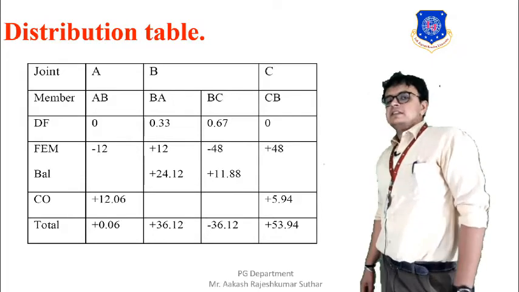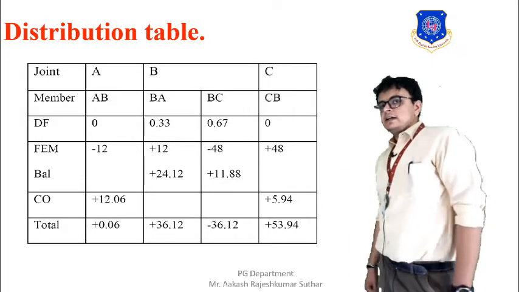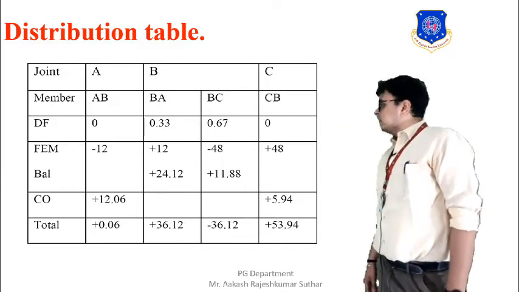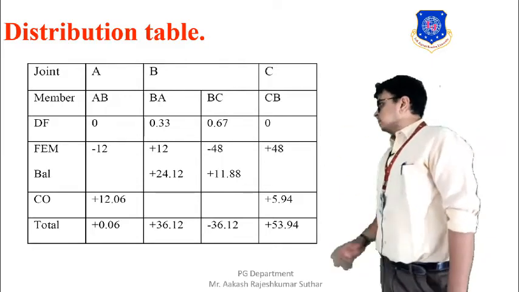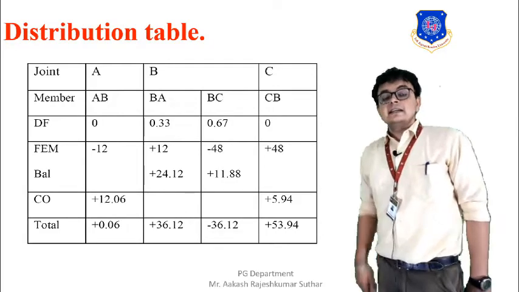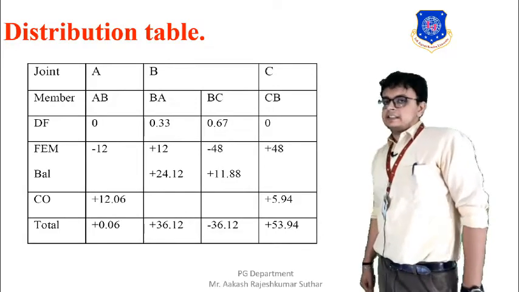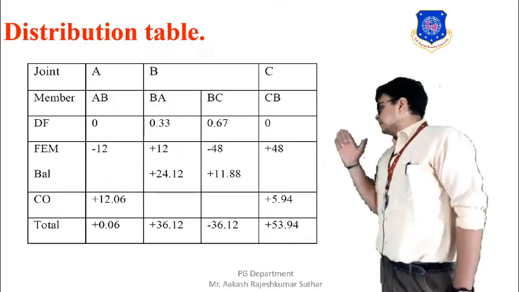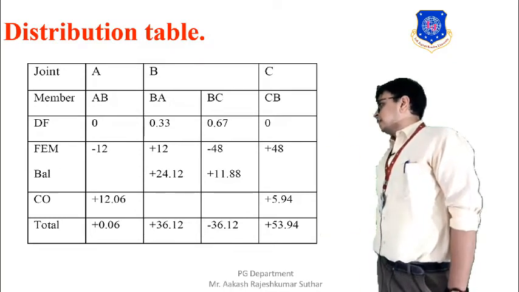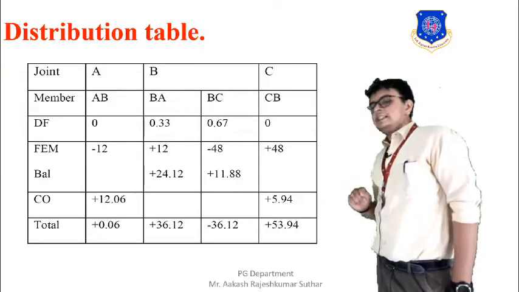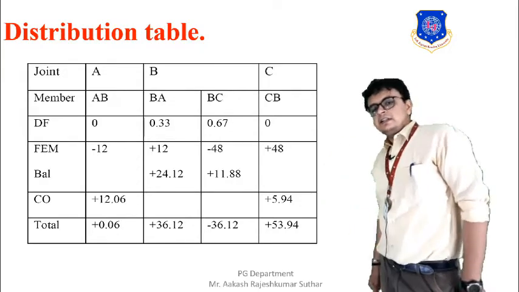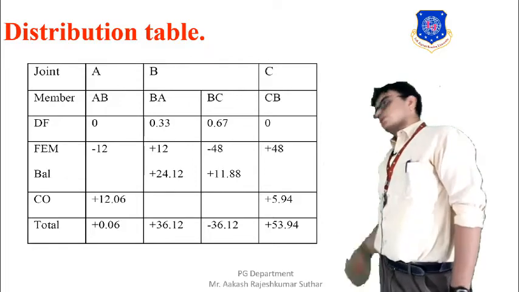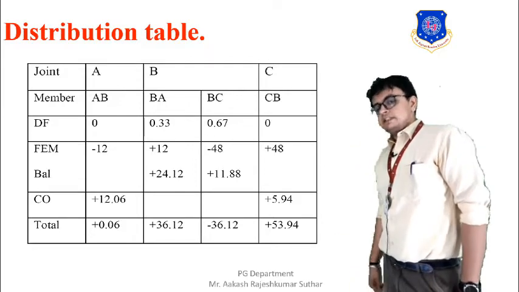After that, for the BC member, the distribution factor is 0.67. Moving towards joint C, there we only have the member CB, and its distribution factor is 1.